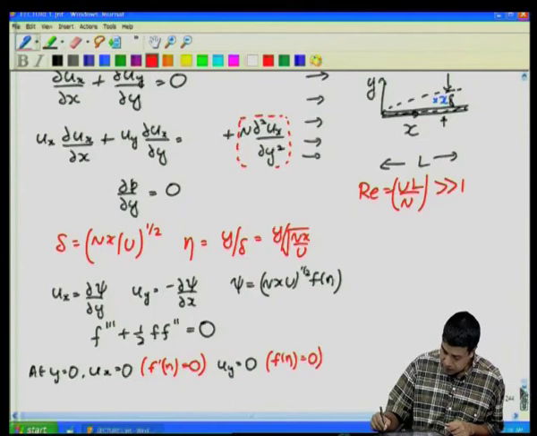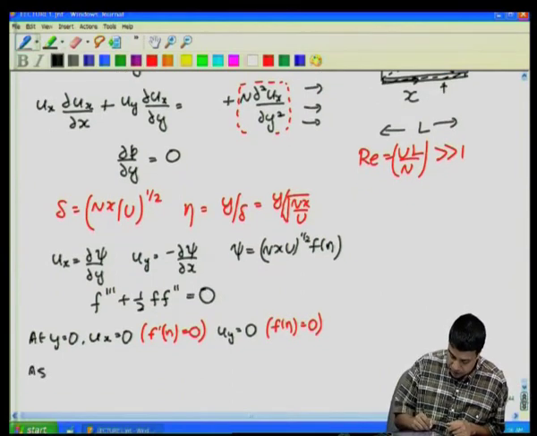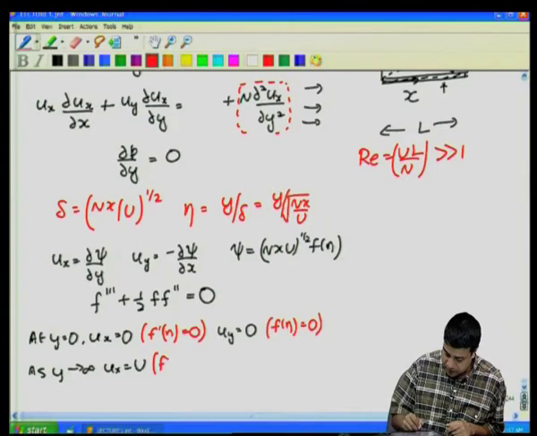Then I had a condition as y goes to infinity, u x is equal to the free stream velocity U, which when expressed in terms of eta becomes f prime of eta is equal to 1.